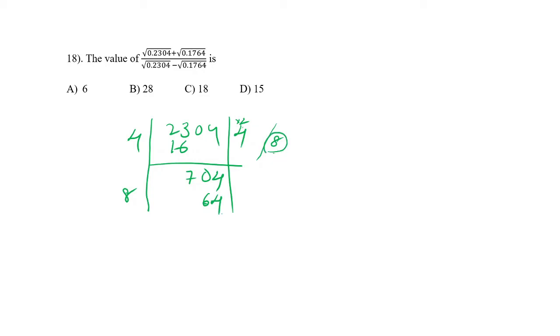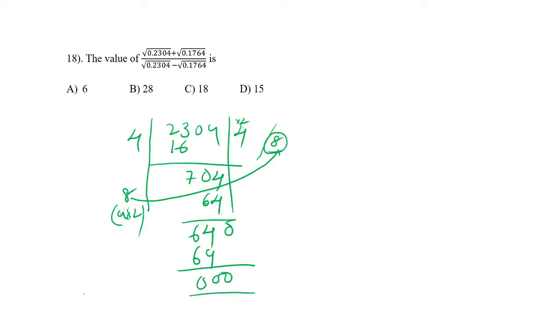Now write 8 square here, 64. Then 704 minus 64, that is 640. Now take the multiplication of this 8. 4 into 2, okay, this 8 and this 8 multiplication is 64. Completely cancelled. So here 48 square is 2304. Okay.